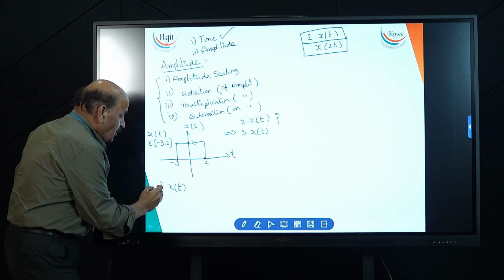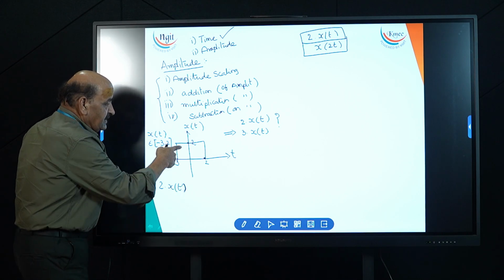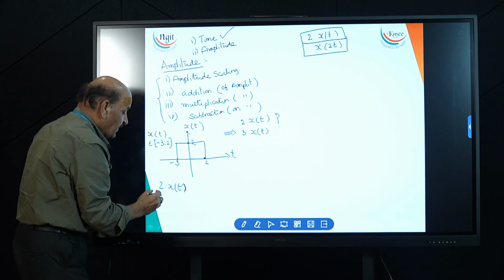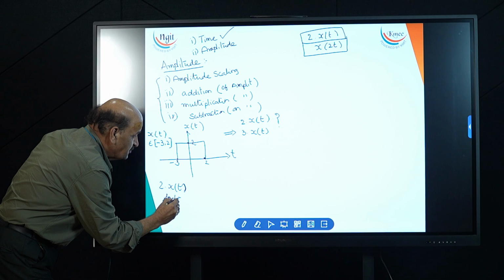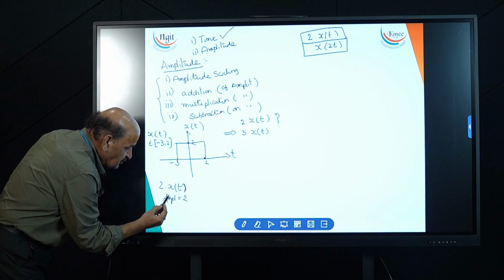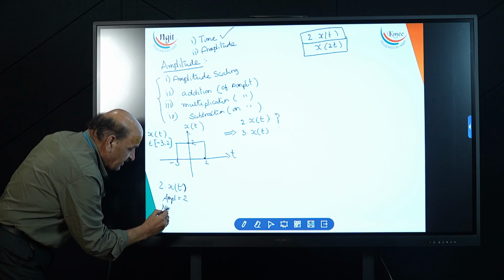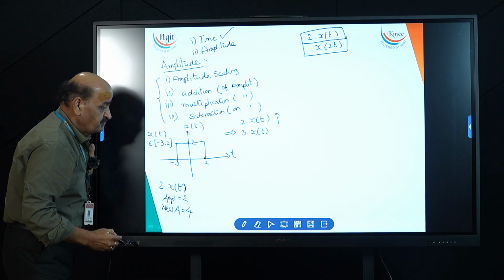Now look at 2 of x of t. What does 2 of x of t mean? In the previous case, the amplitude is equal to 2. Now this amplitude is multiplied by 2. In the new signal, the amplitude is 2 times 2, that is equal to 4.